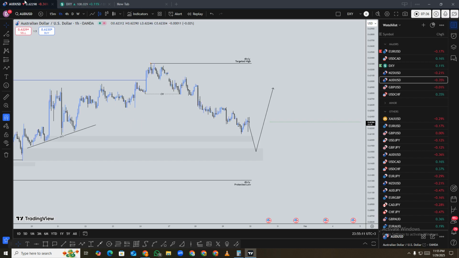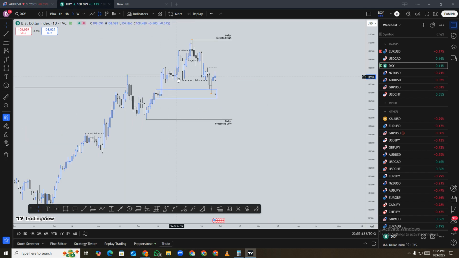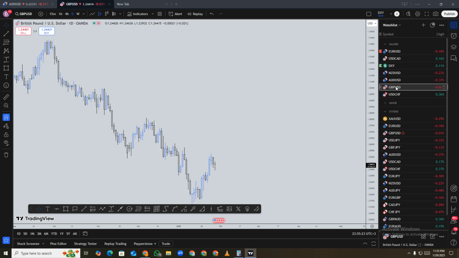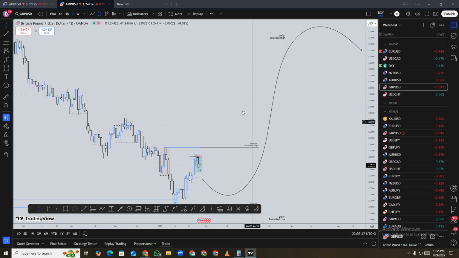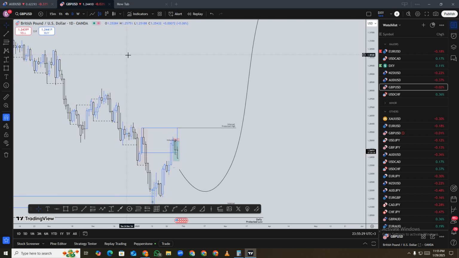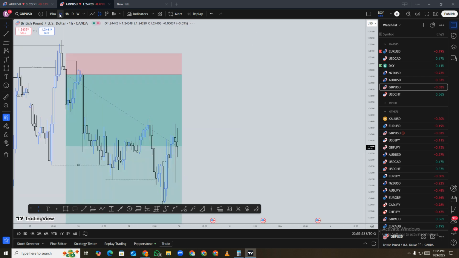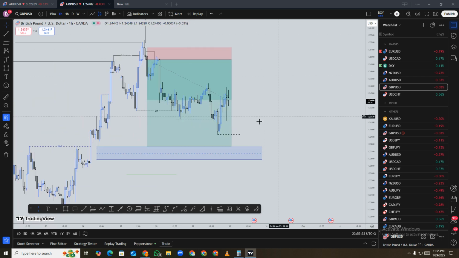That is the trade idea I had. I'm still holding on to my GBPUSD. Let's see what happens.